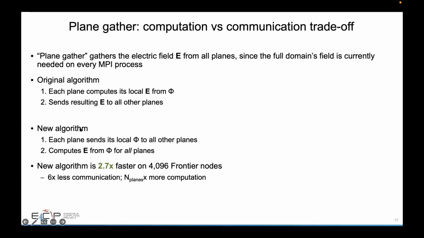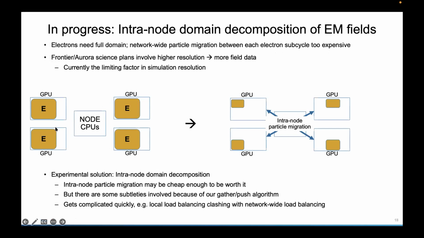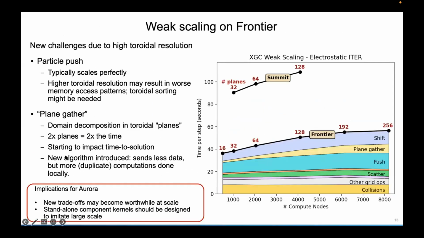Mark is asking about the individual kernels that should have been designed to imitate larger scales. What I meant was that the push kernel I had been testing with was not running with 256 planes.